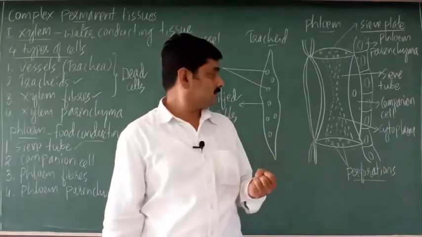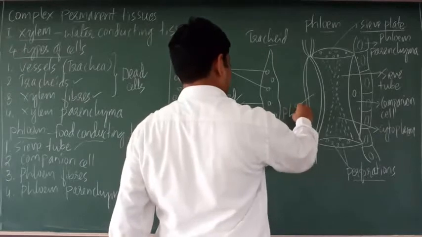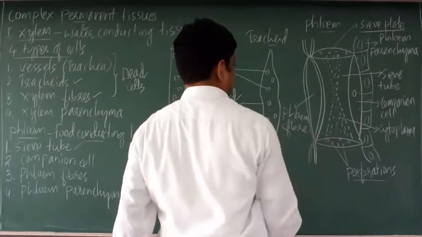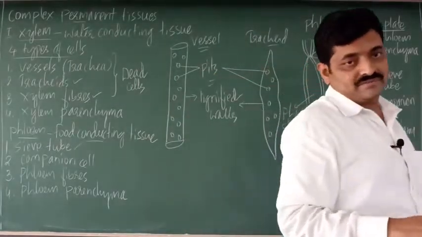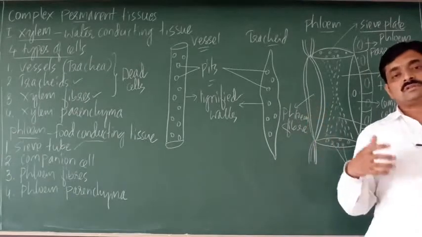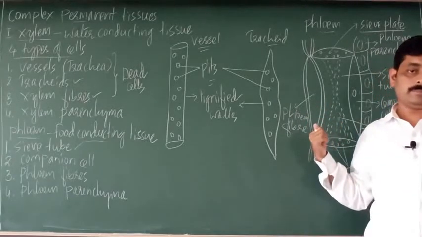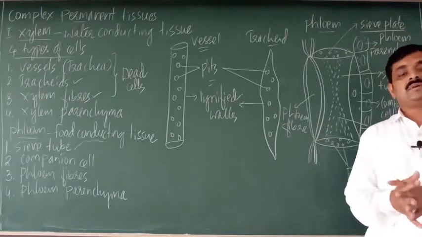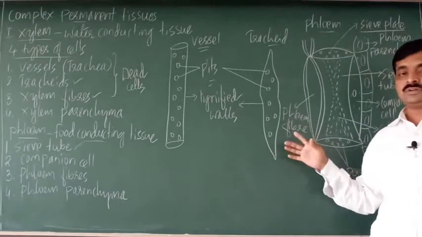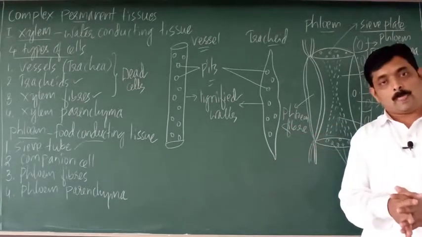Then you have phloem fibers. Phloem fibers are sclerenchyma fibers which are associated with phloem. Right? So sclerenchyma fibers which are found in the phloem, they form phloem fibers, and their function is to provide mechanical support.